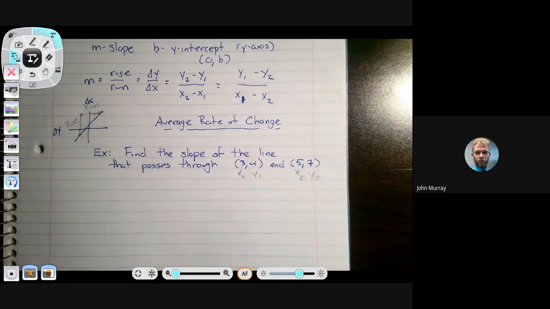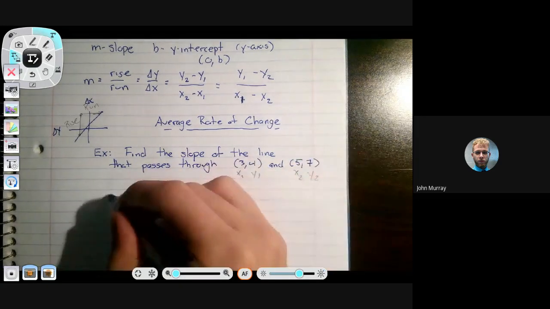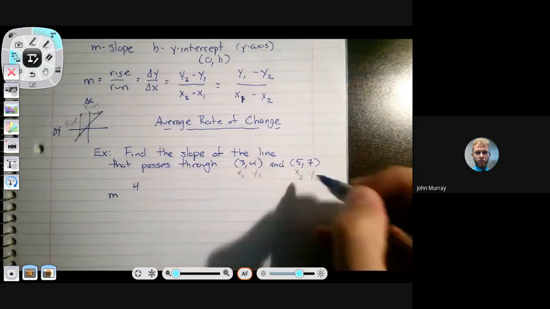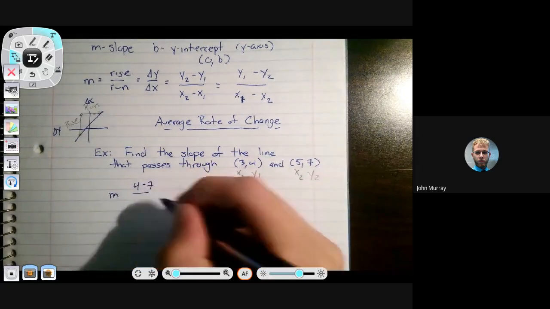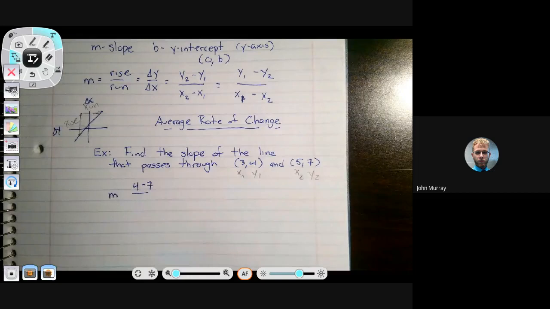So let's say, for example, I mess up and I put the 4 first. So the y goes in the beginning, so I do 4 minus 7. You're thinking to yourself, uh-oh, I'm going to get a negative. But if I put the 4 first in the numerator, what should go first in the denominator?